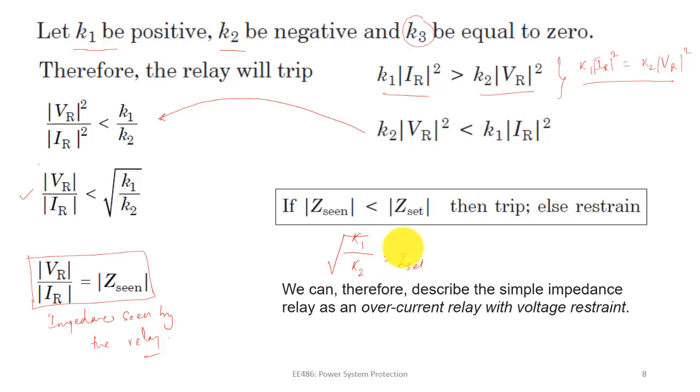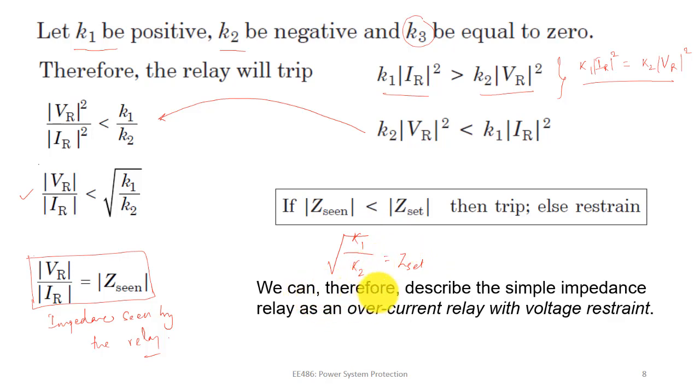So we can therefore describe the simple impedance relay as an overcurrent relay with voltage restraint. That means your voltage coil is giving a restraining torque and your current coil is giving the forward torque.